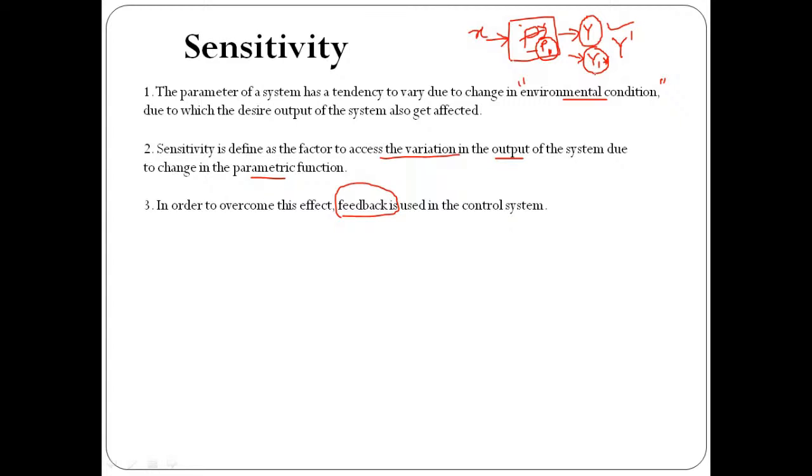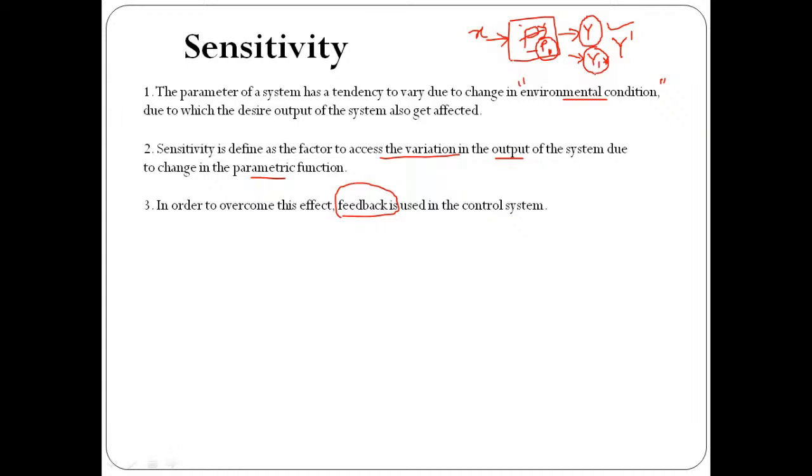And we want our system to be less sensitive. That means even though the parameter is going to vary by a small amount, the output will remain in the tolerance level, or the output must follow its desired value. And to achieve that, we need to apply the concept of feedback.